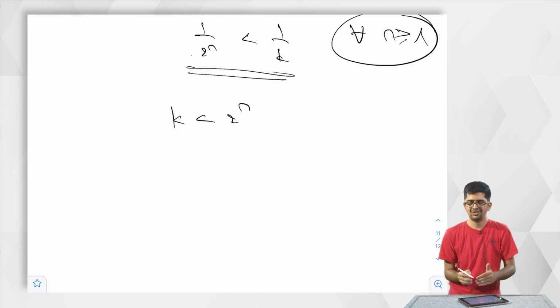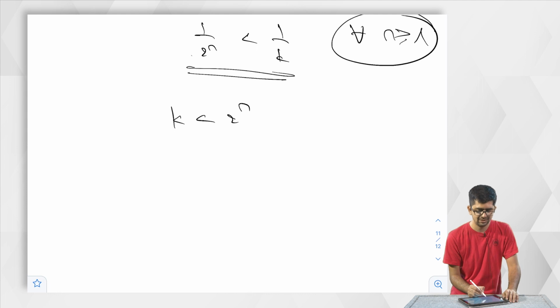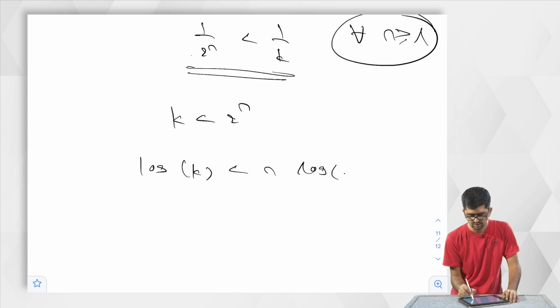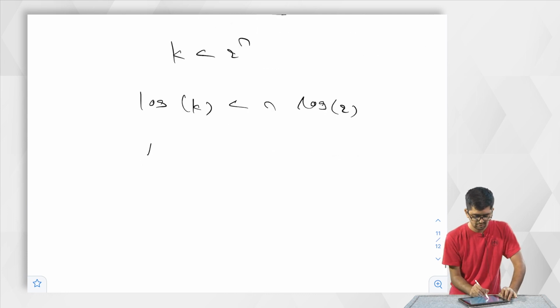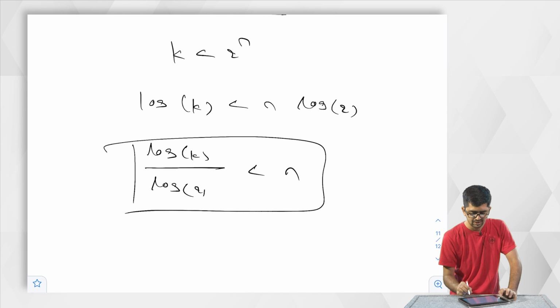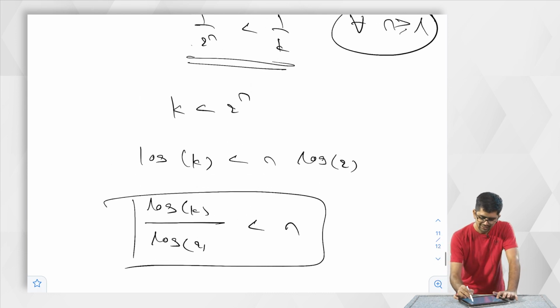Again, now we take use of the log function. So log k less than n times log 2. So log k by log 2 less than n. That is what we want, right?